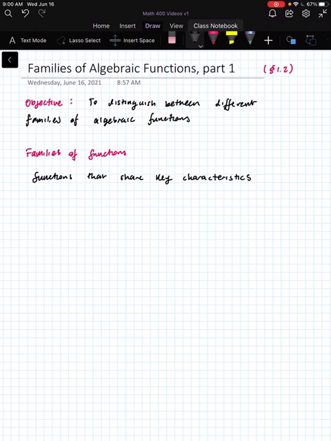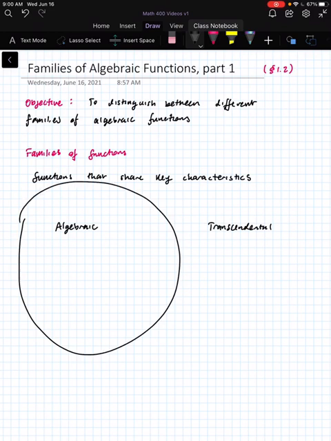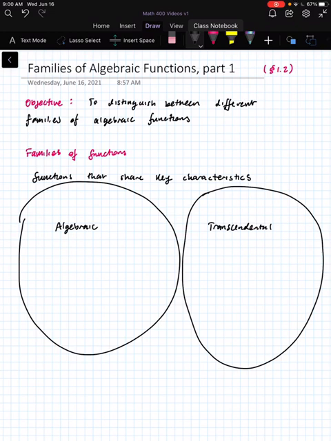So first of all, we have to distinguish between what we call algebraic and transcendental. So we have two families of functions. We're not going to talk about the relative size of how many there are.